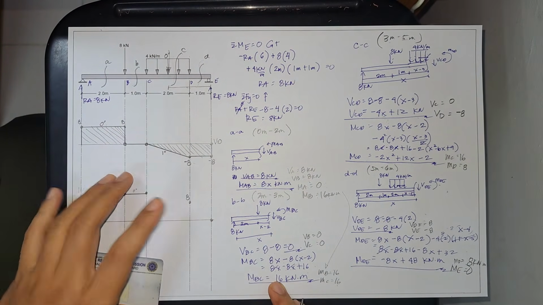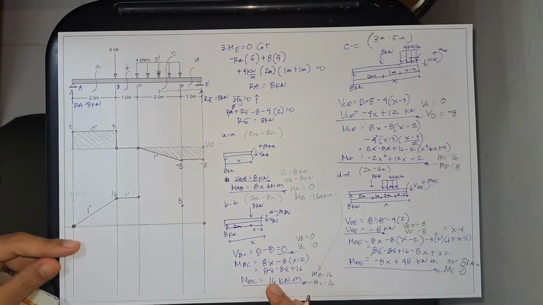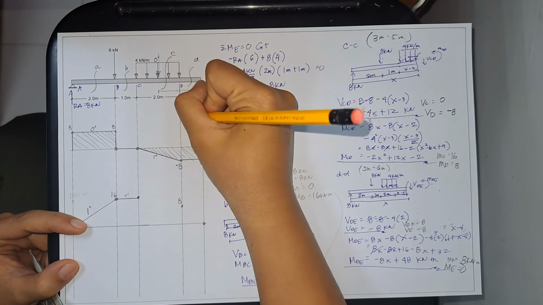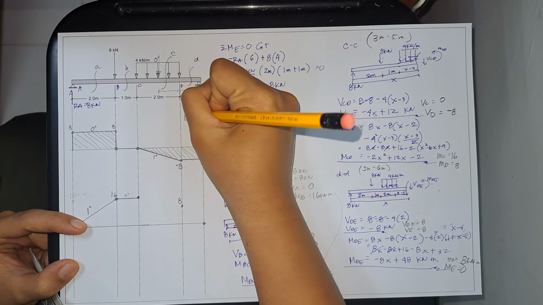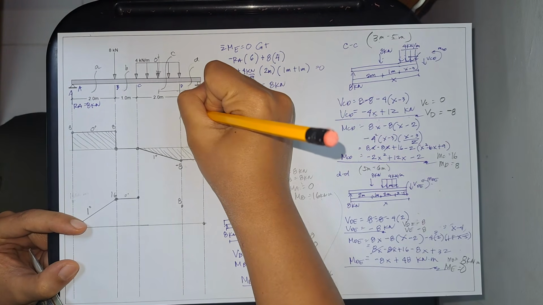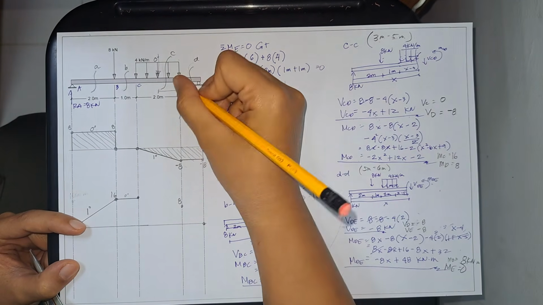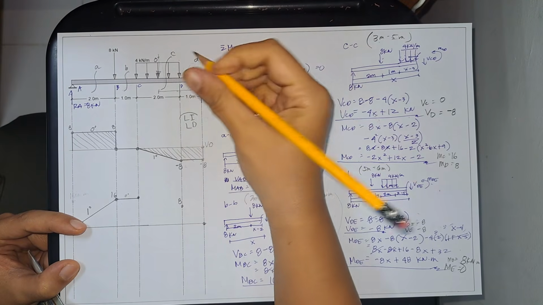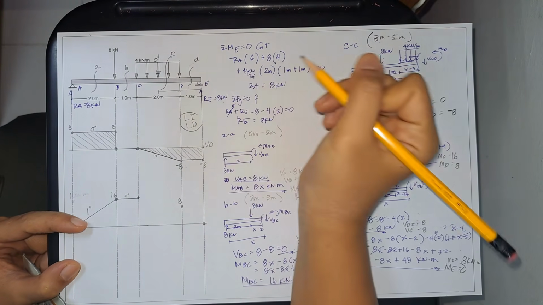Ito na po yung application nung gaya kanina. So, just a review, no? If the loading diagram is increasing, the shear diagram will concave downward. But if the loading diagram is decreasing, the shear diagram will concave upward.